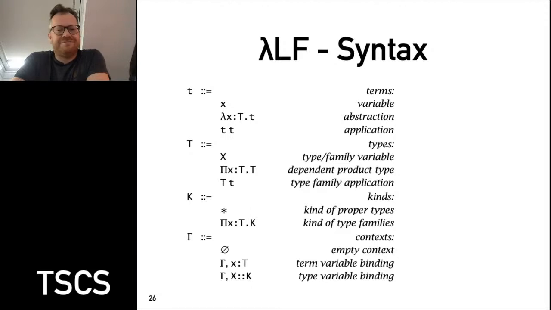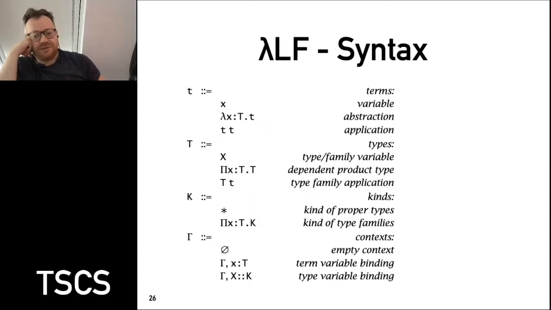I don't know. You can look it up if you're interested. But the thing that we had with the higher order type system looks pretty similar. However, you still have type, or so-called family variables. But instead of the type operators that you had in there, you have just dependent product types. And the application here is type family application. You can take any T and apply a term to it.